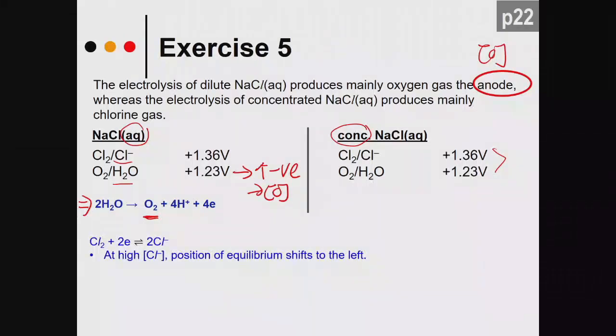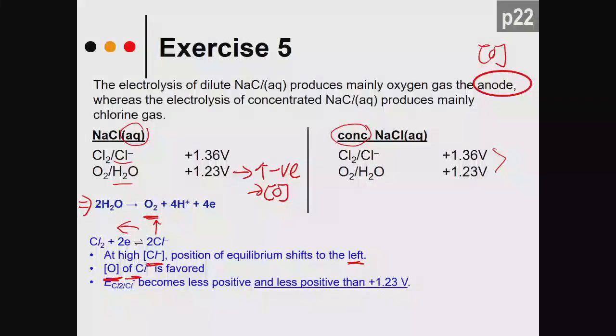What we notice here is that because it is concentrated NaCl, the concentration of Cl minus is very high, hence high concentration shifts the equilibrium towards the left hand side. Because it shifted towards the left, it favors the oxidation of Cl minus, and when oxidation is favored, your E naught value will become less positive or more negative.